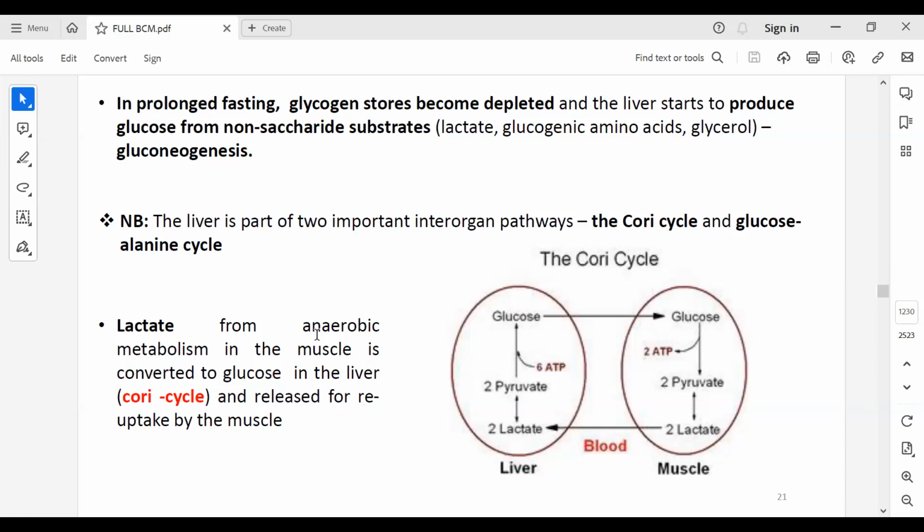So gluconeogenesis, as we've seen today, is synthesis of glucose from non-carbohydrate or non-saccharide substrates. So that's where the Cori cycle comes in, and the glucose alanine cycle, whereby if there is no glucose in the body, then any glucose which is used by the muscle, which is converted into lactate, the lactate will go back into the liver again and be converted back to glucose. So that's where the Cori cycle comes in.